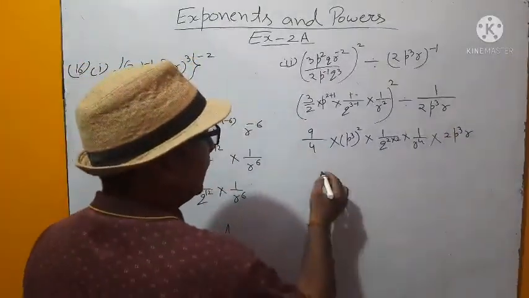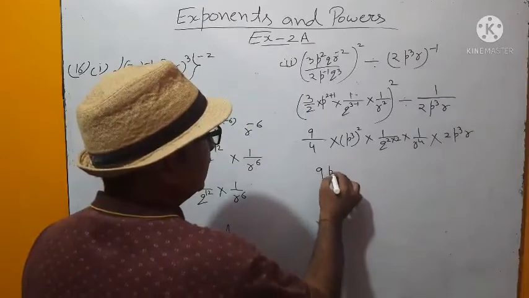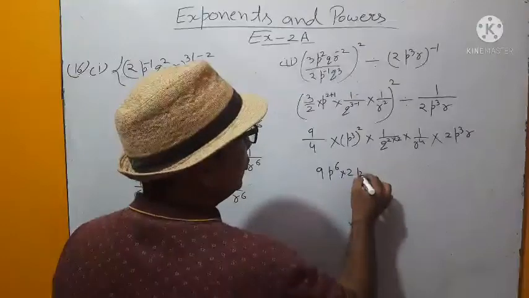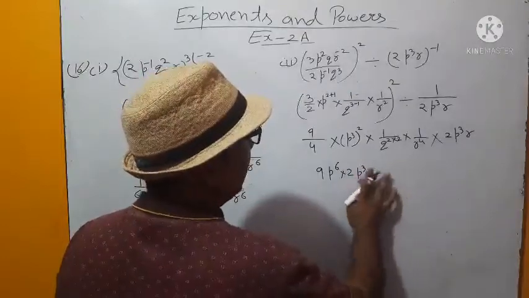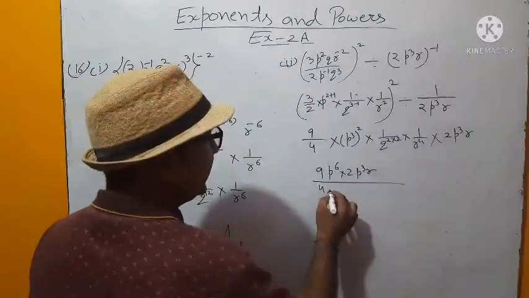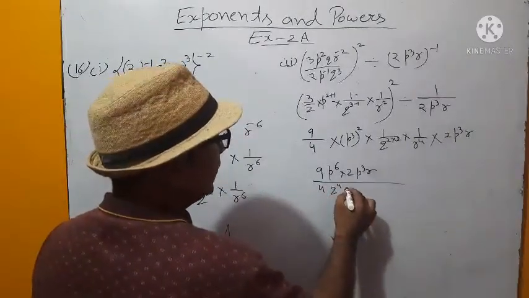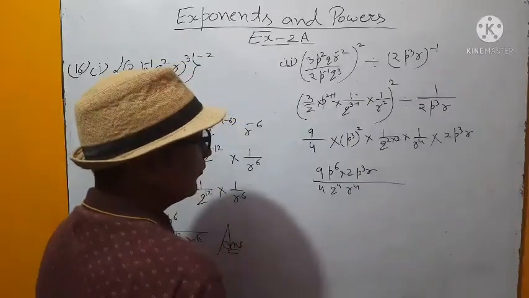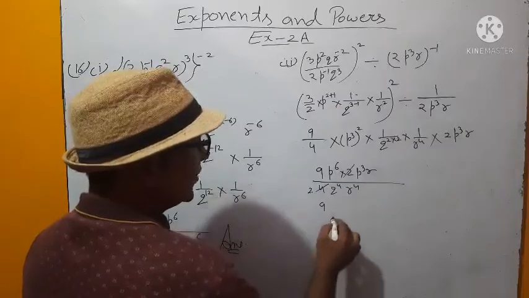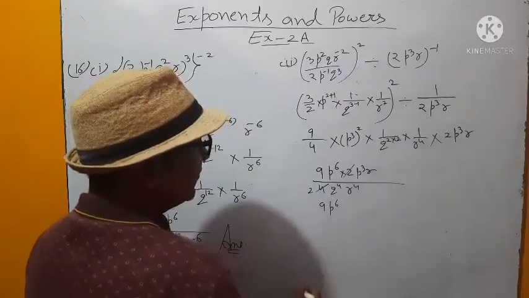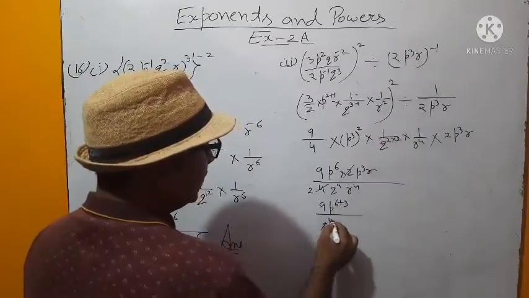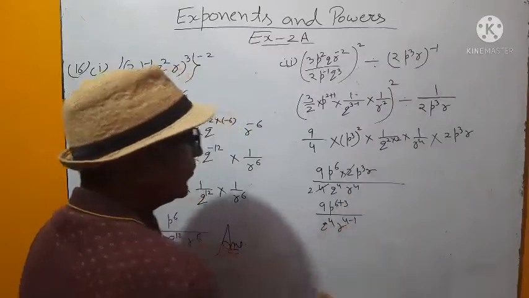Okay. Now 9 p power 6 into 2 p power 3 into r. This we are getting in the numerator. In denominator, 4q power 4 and r power 4. Okay? 2 dividing 4 by 2 times. 9 p power 6 plus 3 upon q power 4 r power 4 minus 1.